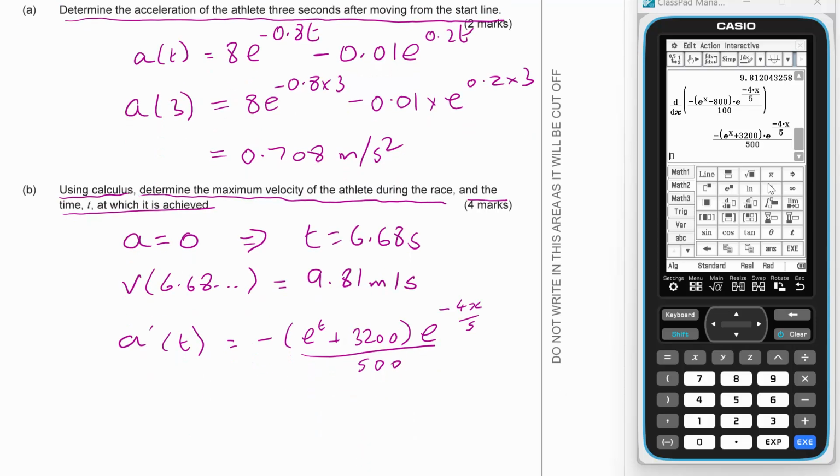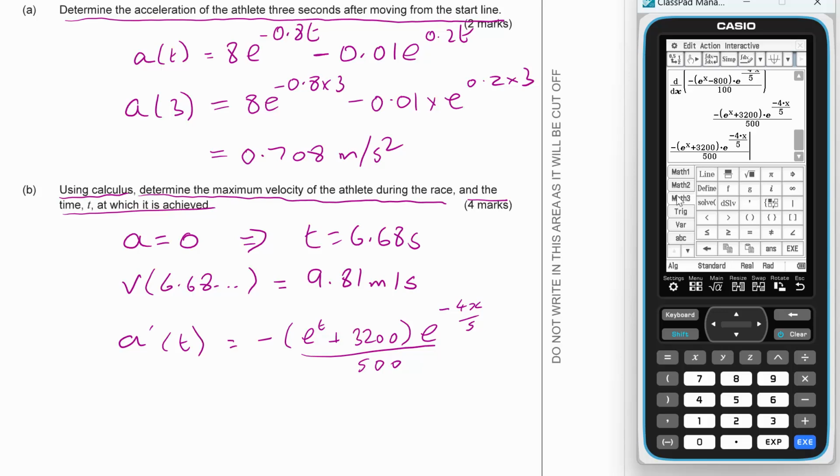But the important thing is what that evaluates to at the time we found for the maximum. So in Math 3 we use the given line, and probably just drag that answer down. This one here, including the x. Let's just copy it, and we'll drag it down here, put it there.